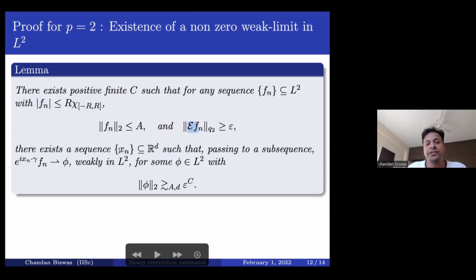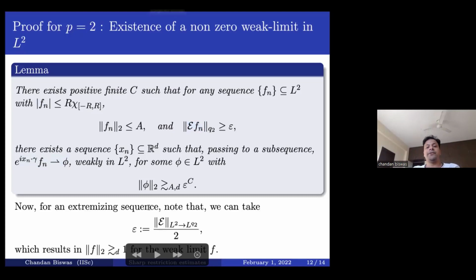Then there is a sequence xn, so that if we modulate Fn by xn, this will converge to a non-zero weak limit phi, not just non-zero. The LQ norm of phi would be at least epsilon to the power 10. So if the LQ2 norm of the extension of Fn is at least epsilon for each n, then the weak limit is not just 0, it is at least epsilon to the power 100.